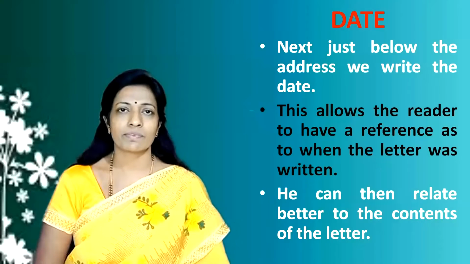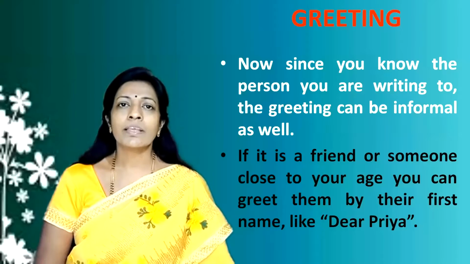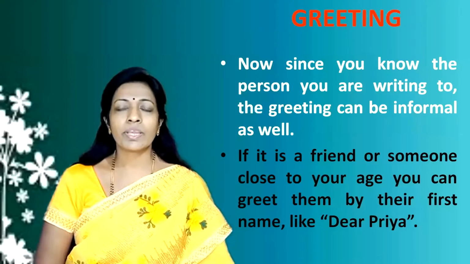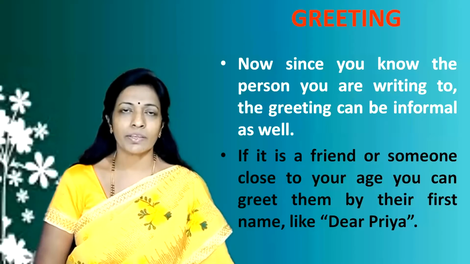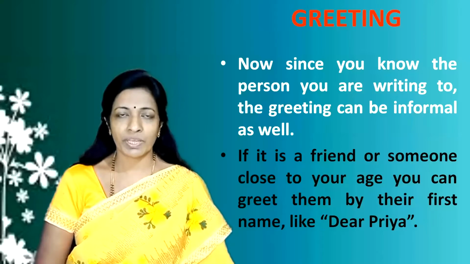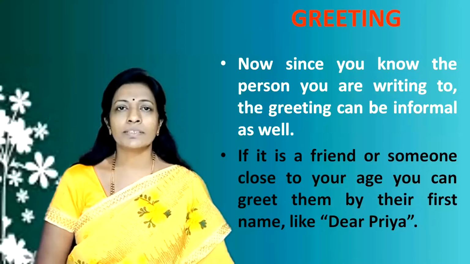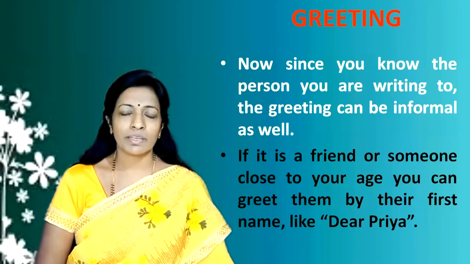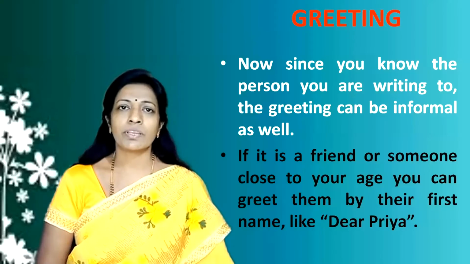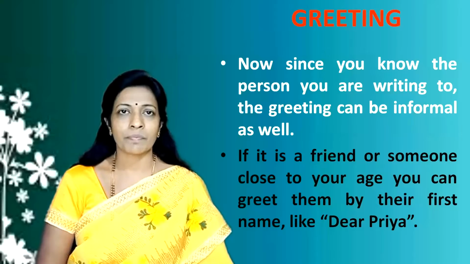After writing the address and the date, next you need to greet the person whom you are writing to. Since we are writing to people who we know very well, we can be quite informal in our greetings. So, you can generally begin with dear and mention either the relationship which you have with the other person or the name of the other person.